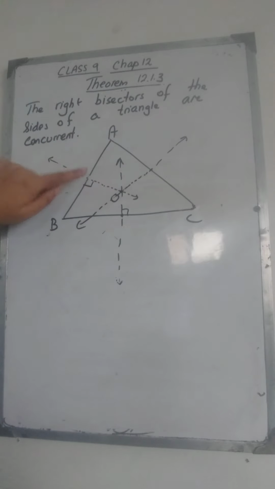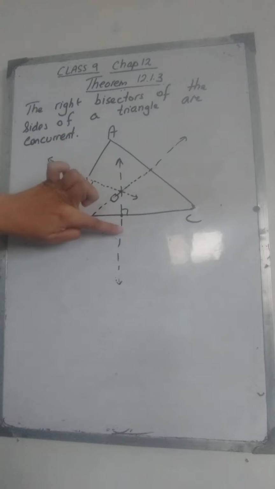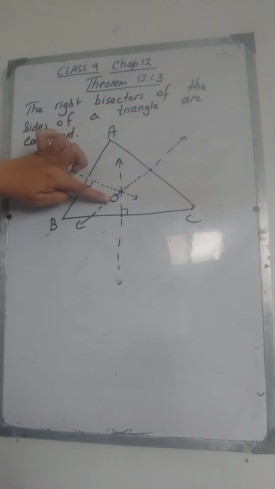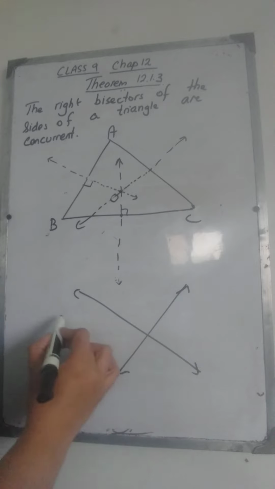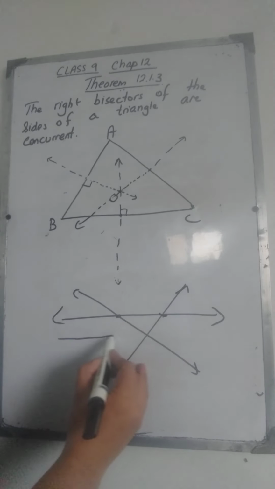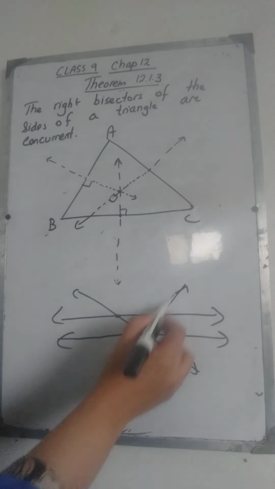O will be the point of intersection of these two bisectors. Also O will be the point of intersection of these two, and the same point will be the point of intersection of this one. So they won't be like this. Suppose these are the two points. The third bisector won't cut them at different points. It will pass through the same point as these two.